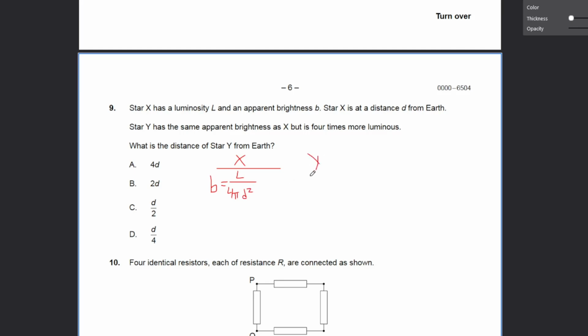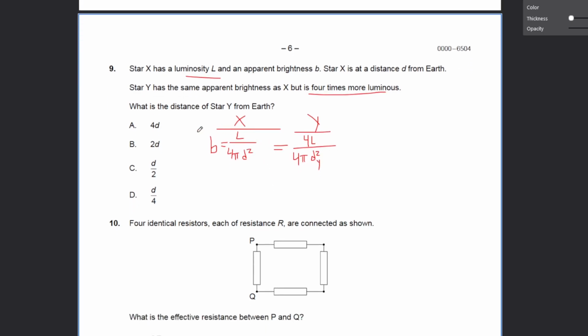And then for Y, we have the same apparent brightness, so this is equal to 4L, because we're given it as 4 times more luminous, and luminosity is L, so 4L, over 4 pi d squared, but let me call this d sub y, because this is what we're trying to find. We're trying to find d sub y.